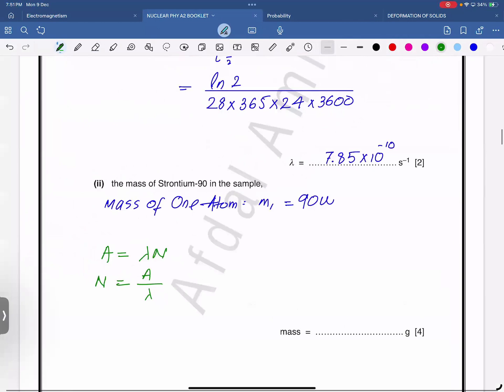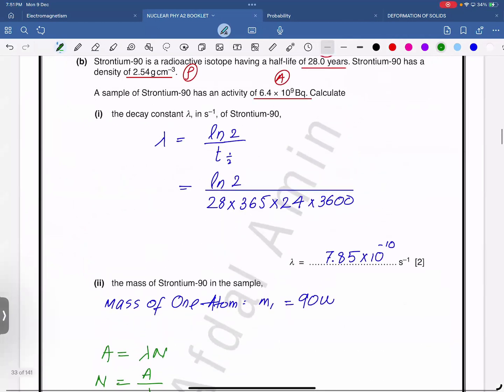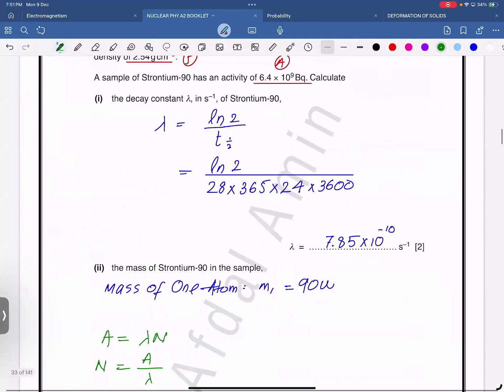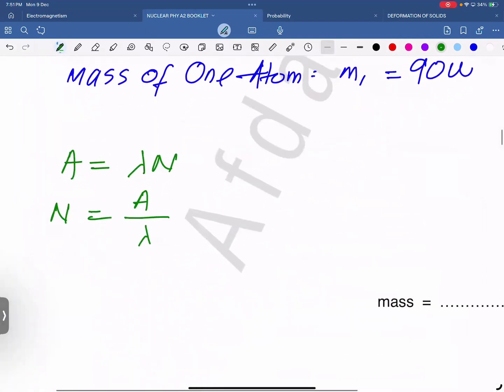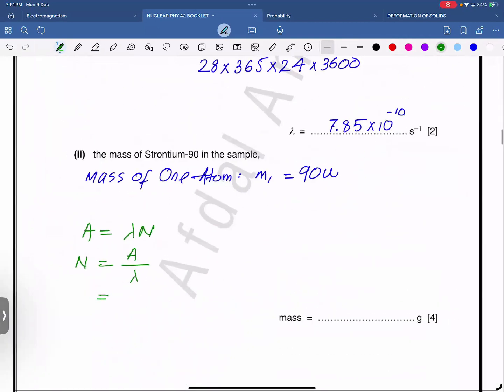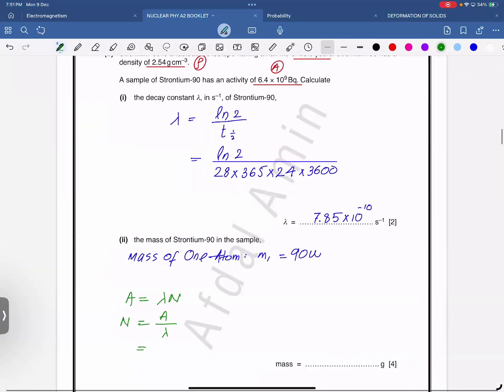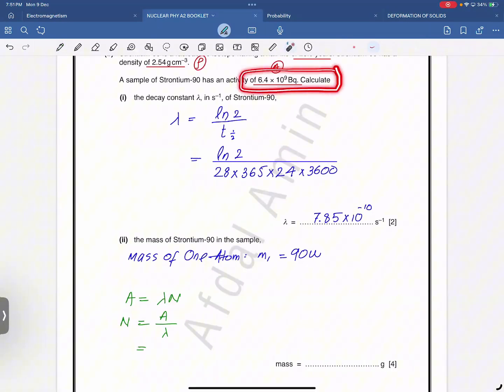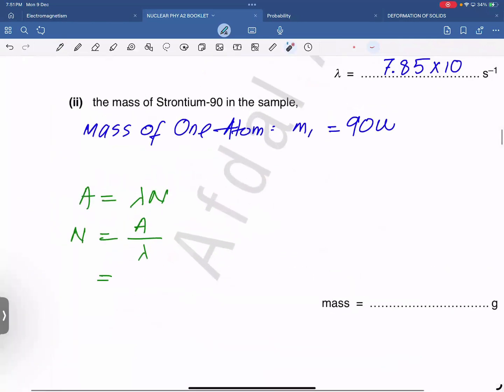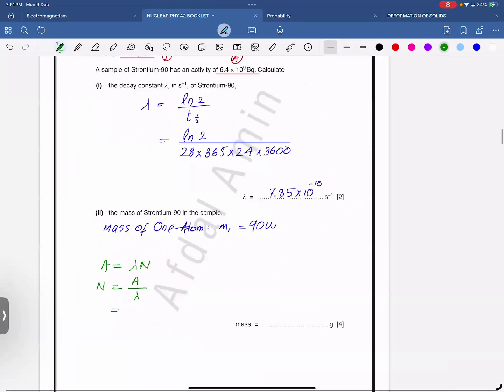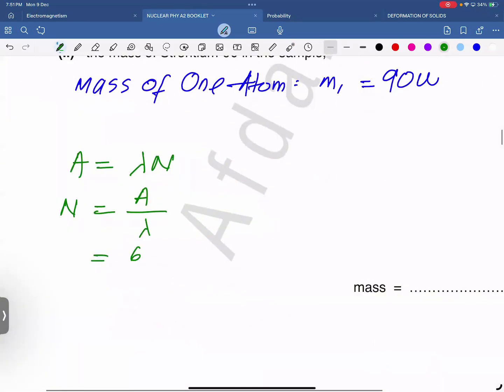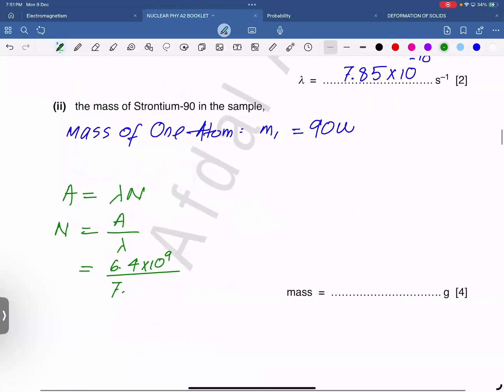Now the units are matching. A is 6.4 times 10 power 9, the activity they gave you here, and lambda you found, 7.85 times 10 power minus 10.